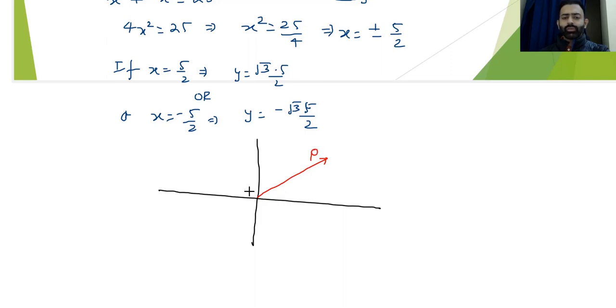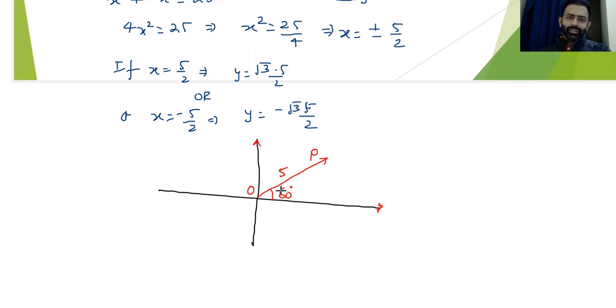This is P, this is O, and this magnitude is 5, and theta is 60 degrees. Now this is the information that we have to fetch from the question: since theta is 60 degrees, that means it is in the first quadrant.